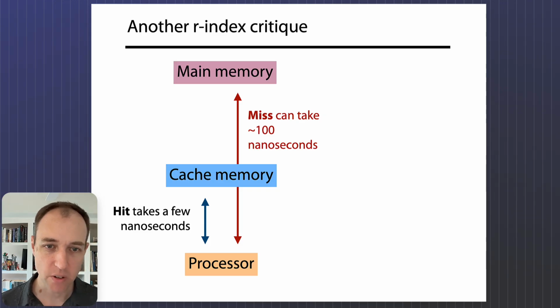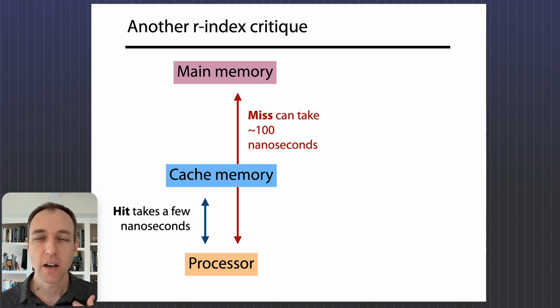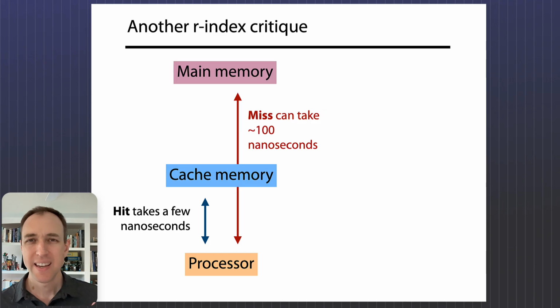In a processor, the difference between a memory access that hits in the cache and a memory access that misses in the cache and has to go to main memory is a lot. Accessing the closest level of the cache, usually called the L1 cache, which is also the smallest cache and is very close to the processor, takes on the order of a few nanoseconds.